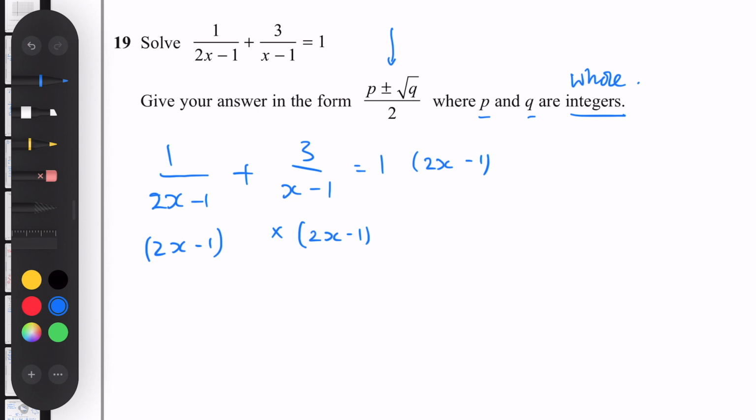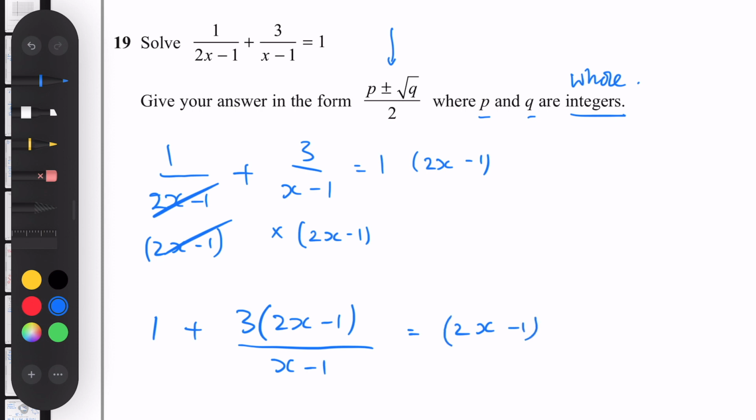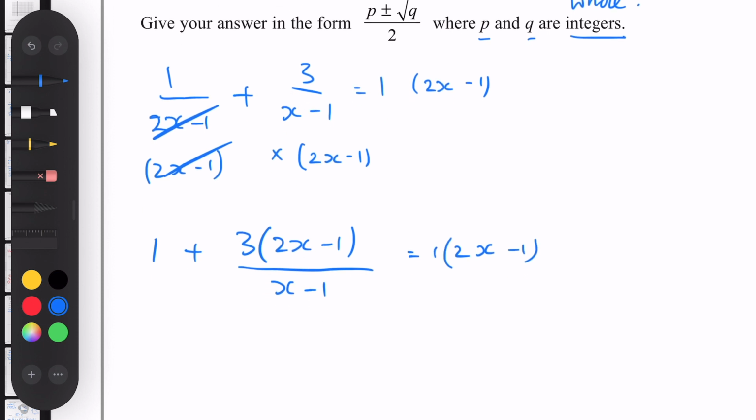When you multiply by 2x minus 1, what happens is it gets rid of this one, and it's going to appear up at the top, so it should look like this. And then the next one, we're going to multiply everything by x minus 1.